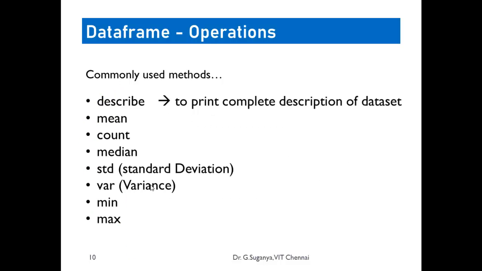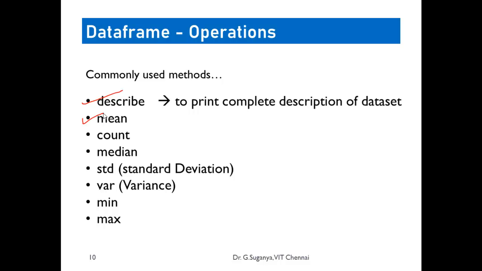Now, in continuation to that, we have describe, which gives the complete statistical information about the data set. It will tell you the mean of a column, the variance, the standard deviation. If you consider the first 25% of the data set, how much is the standard deviation and other such things, all those will be given by this describe command. It helps us understand the statistical variation among your attributes.